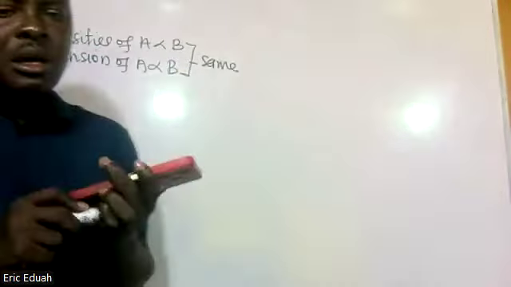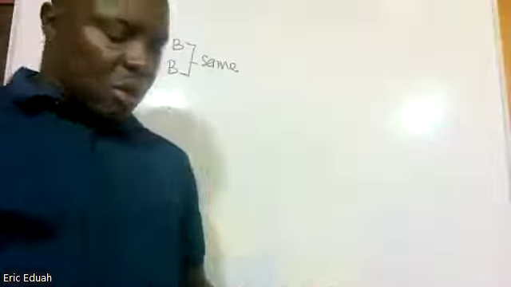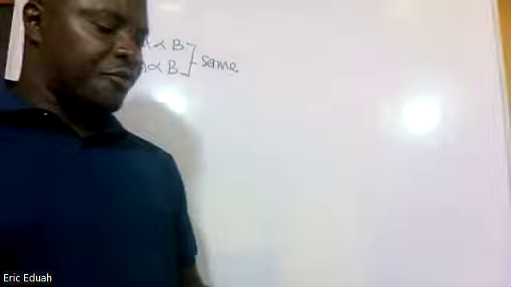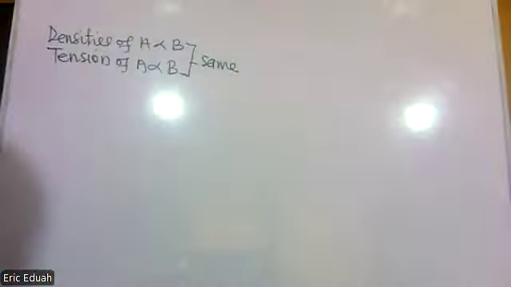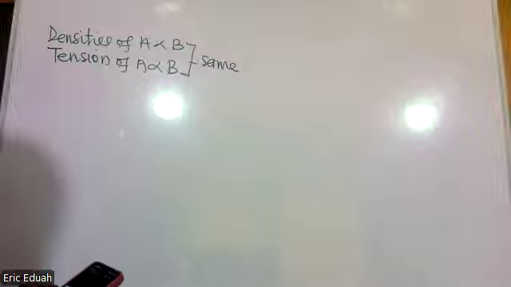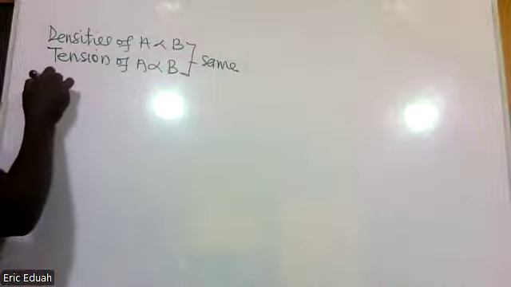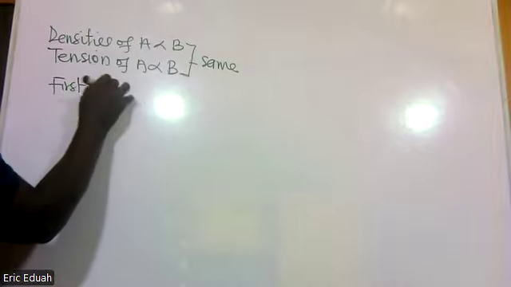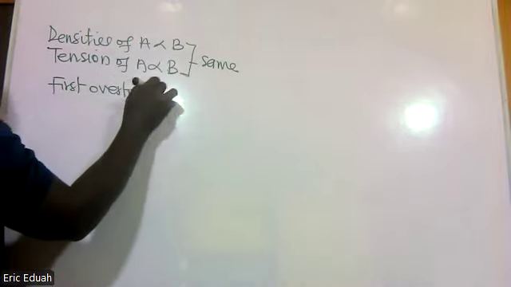But one thing you must also understand is that the first overtone of A is equal to the second overtone of B. So what is the first overtone of A?